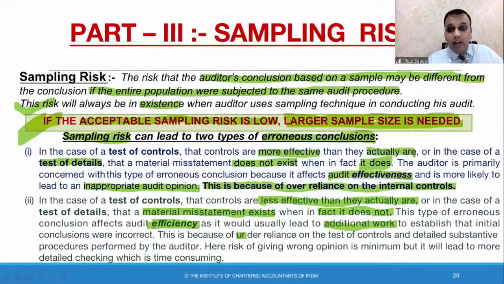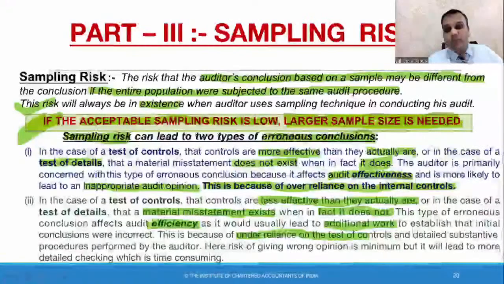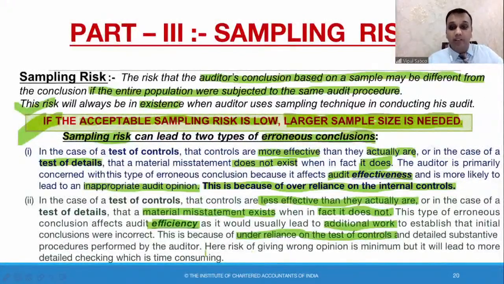So there is under reliance on test of controls, and the auditor would work in more detail now. Here the risk of giving a wrong opinion is minimum because the auditor is working really well. But it will be more time consuming, hence less efficient.